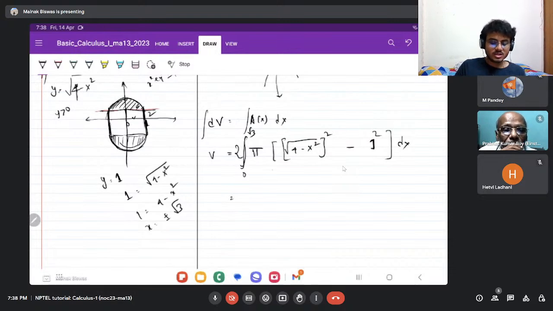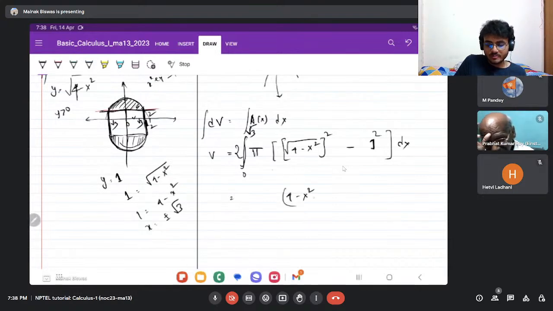Did you understand? So this is y equal to 1 line, right? So 2 is somewhere here. So this is root 3. I forgot, sorry. So this would be turning out to be very simple.